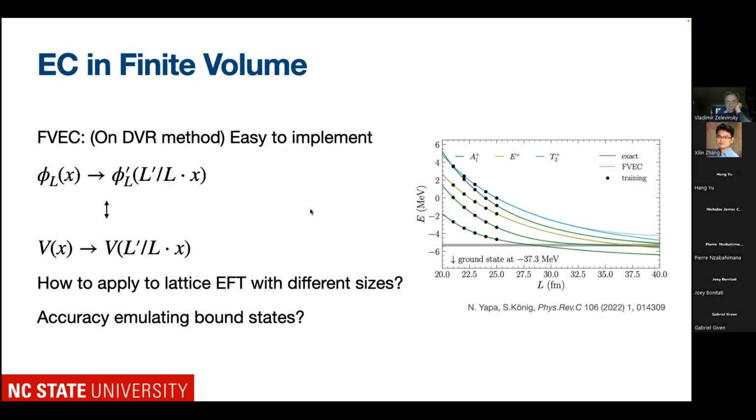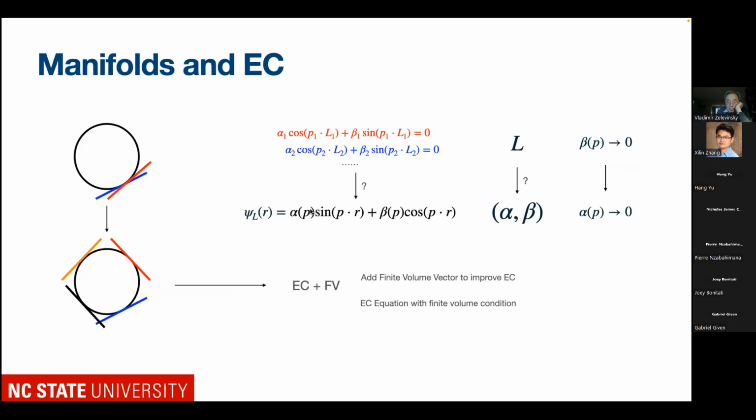The problem for me is that I'm trying to relate this to lattice EFTs, where it is hard to change the size or the spacing between lattice points. Also, I need accuracy way better than the finite volume EC method. So what I'm planning to do is take a deeper look at how EC works.